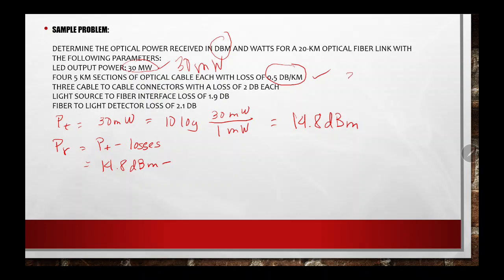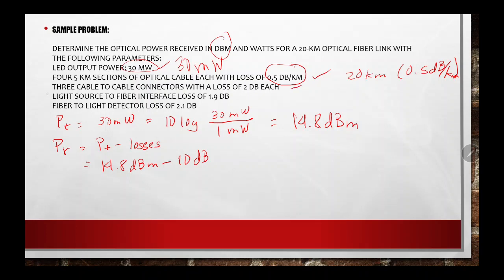So, ang total nun, 20 km, kasi 4 times 5. So, 20 km times 0.5 dB per km equal lang sa 10 dB. Tama? So, minus 10 decibels.